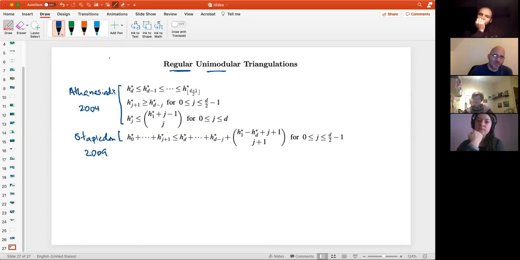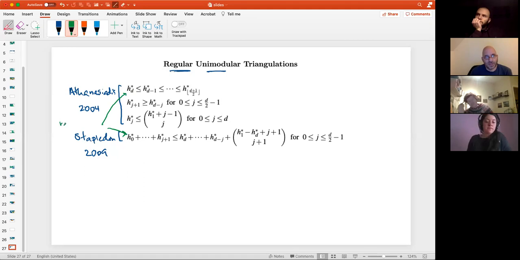In fact, Stapleton improved and said for this one and this one, you don't need a regular unimodular triangulation. You just need a boundary triangulation. So you just need a unimodular boundary triangulation, which is weaker.